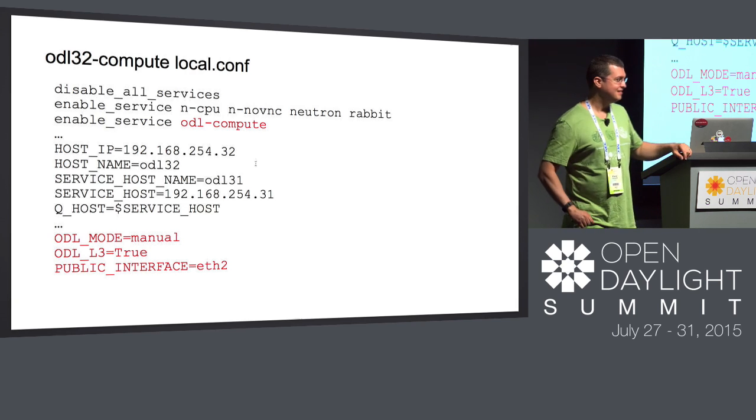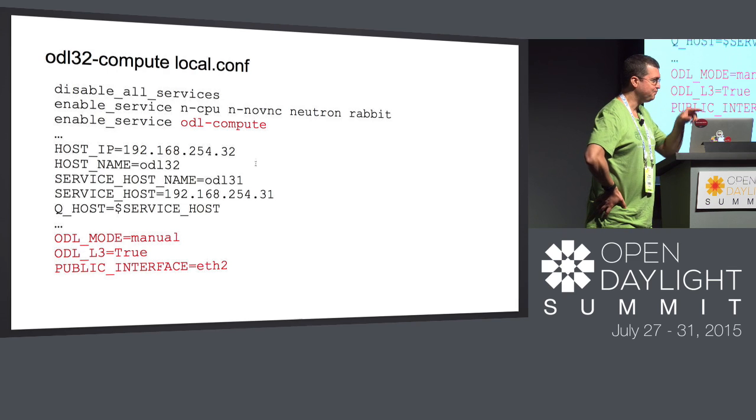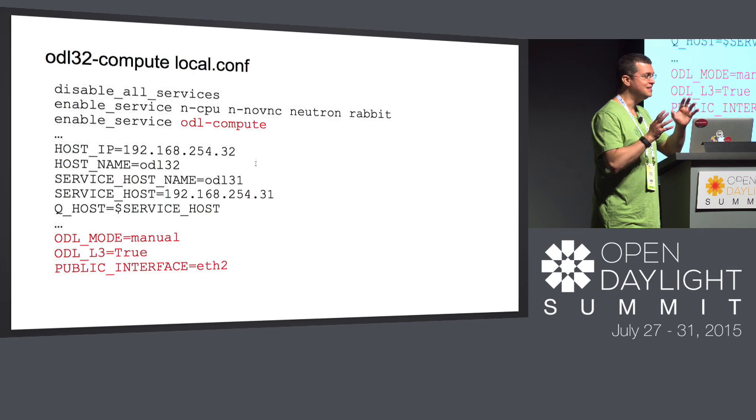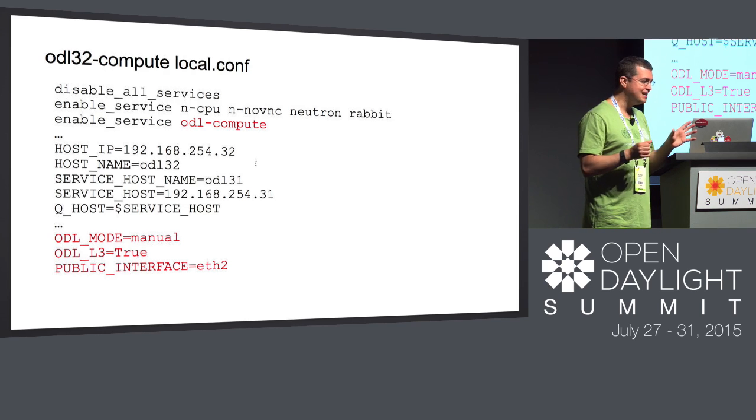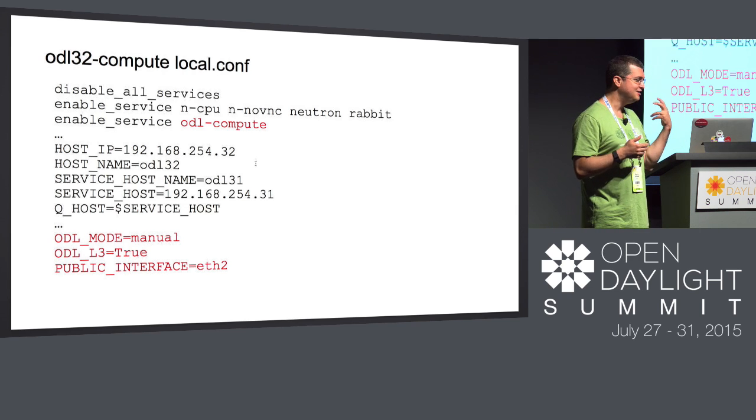So then why do we need the Neutron to be enabled on the compute node? So Neutron as a service in OpenStack has two parts. One is doing the actual work. The other one is delegating that work to somebody. And it's kind of confusing in that it's still Neutron. So we're using OpenStack and the Neutron as the service API.